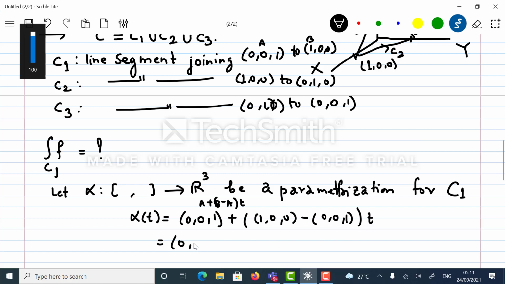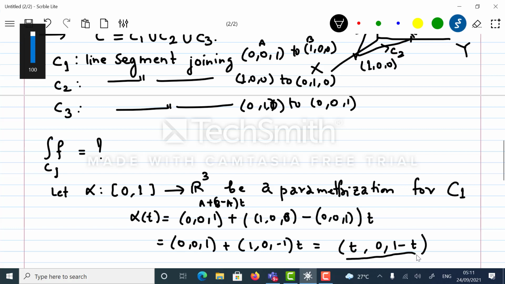So it is 0, 0, 1 plus: 1 minus 0 is 1, 0 minus 0 is 0, and 0 minus 1 is minus 1, times t. Then multiply by t and add. So I'll have t, 0, 1 minus t. The range for this parameterization is always 0 to 1, because if you substitute t equal to 0, you get the first point.